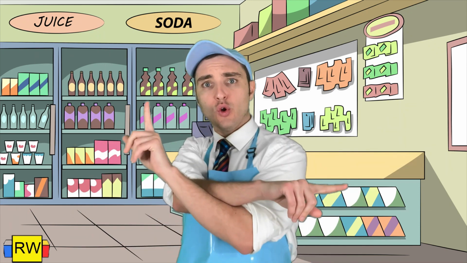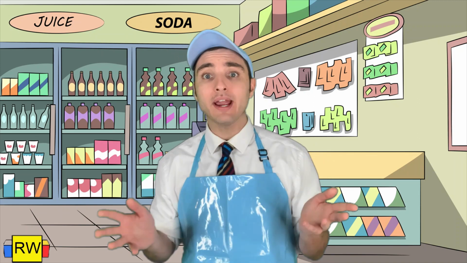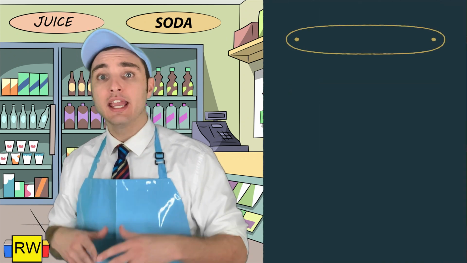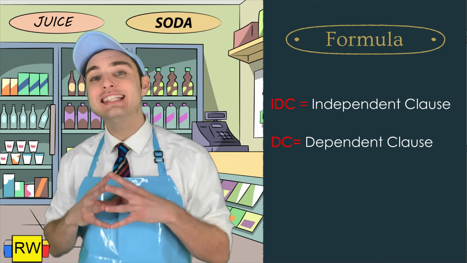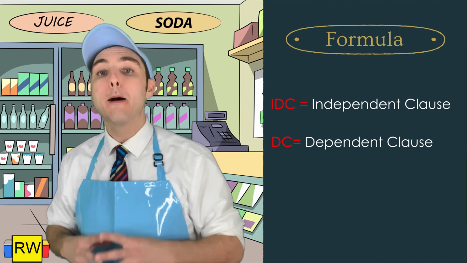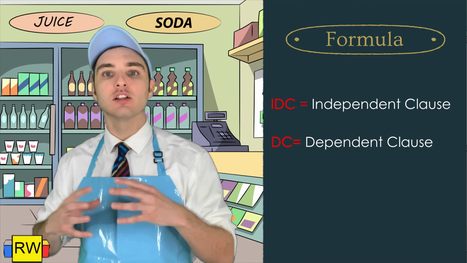Pretty interesting, right? All we had to do was flip them. Let's go ahead and look at the sentence formula for this arrangement of a complex sentence. Keep in mind, IDC equals independent clause, and DC equals, not the comics company, but dependent clause.